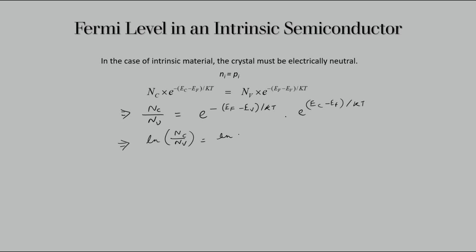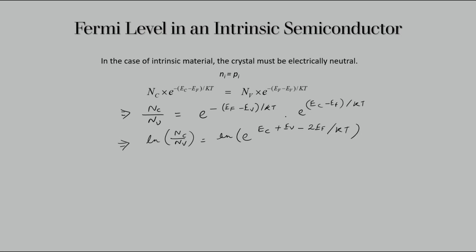equals ln of e to the power, after combining, (Ec plus Ev minus 2 times Ef) divided by kT.